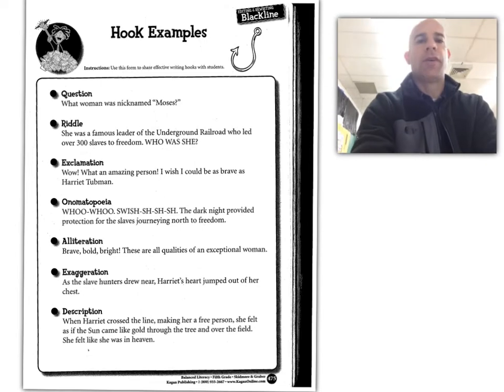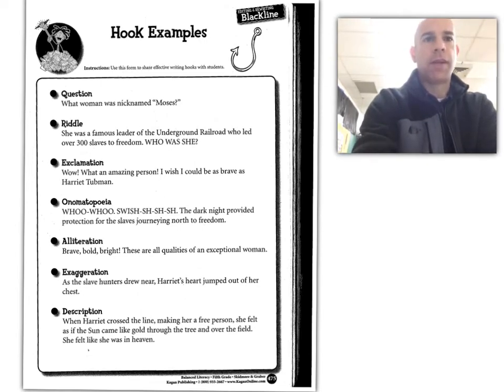So, what I have here are examples of different types of hook examples that you can use in your writing. These hook examples are what's going to be the first sentence in your introduction paragraph. Allow me to say that to you again. This is the first sentence in your introduction paragraph.